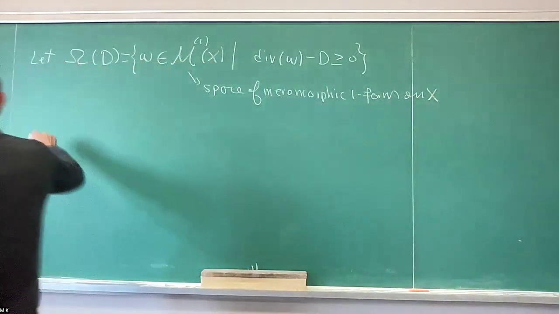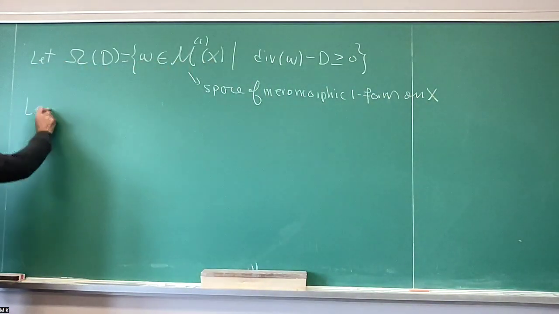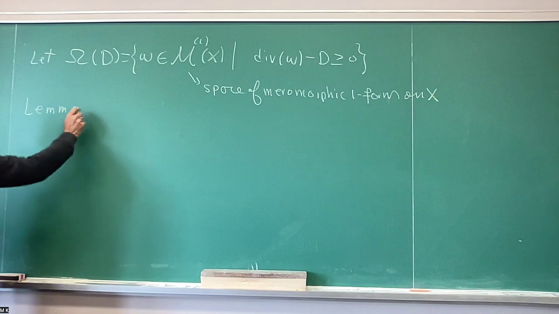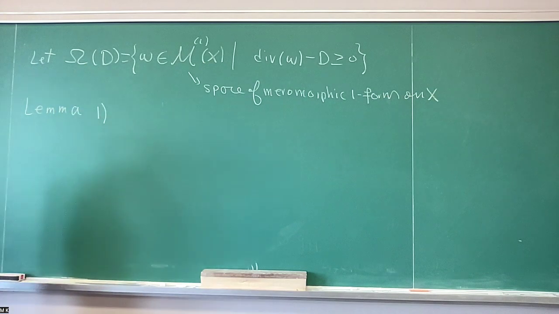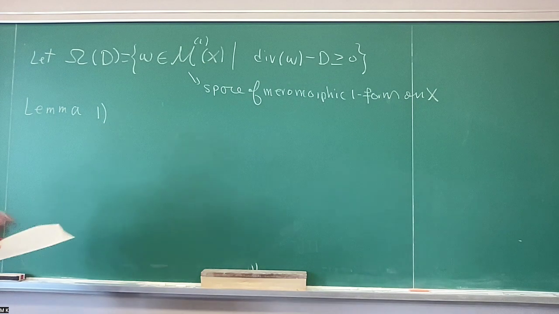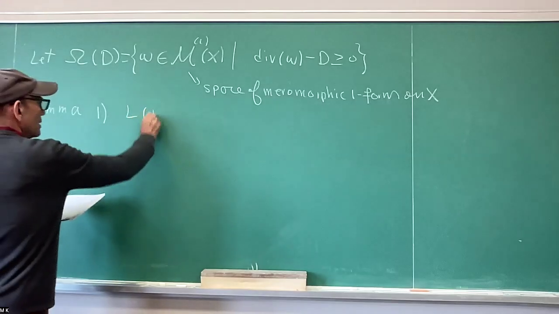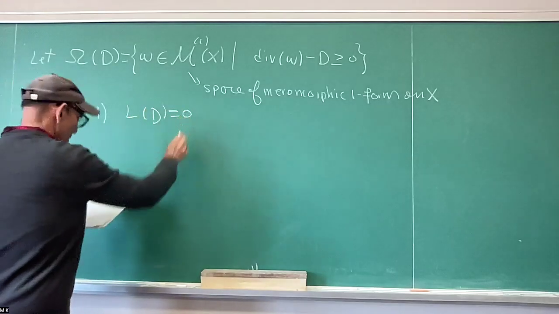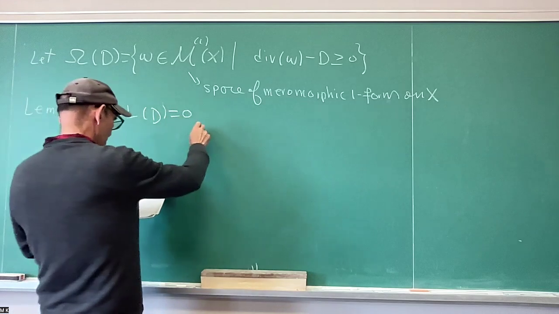So now there is a lemma I want to prove, which has some components. The first part says that L of D is equal to 0 if the degree of D is negative. I already proved this, but that's okay.